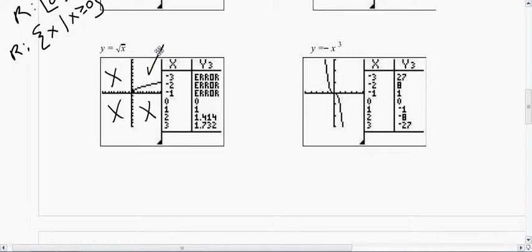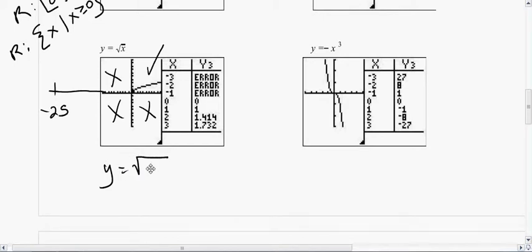Why would that be? Well, think about what would happen if you plugged in a negative value into the square root of x. So say I picked x equals -25. Somewhere out here, -25. And I wanted to know what the y value ought to be for that, so I could plot a point on the graph. Well, I would plug -25 in for the square root of x, right?